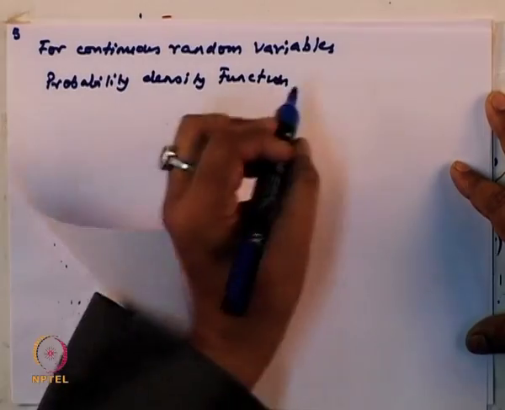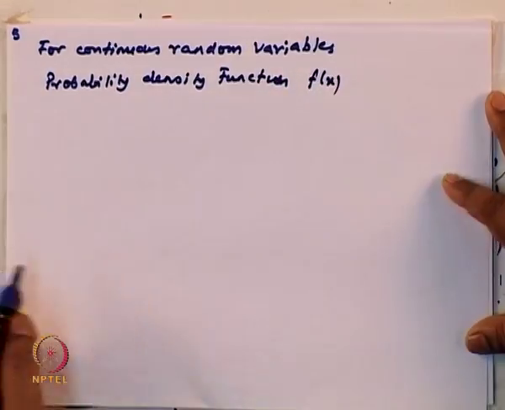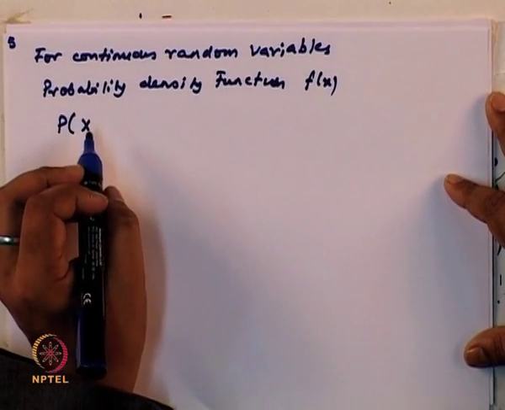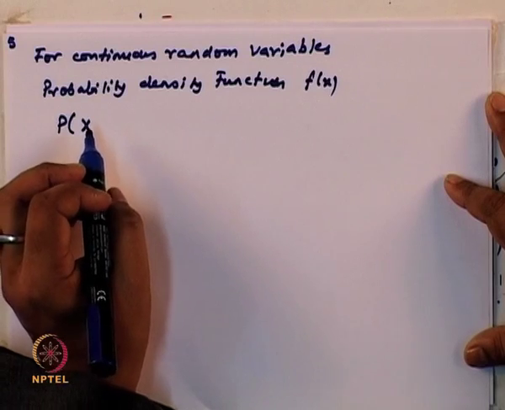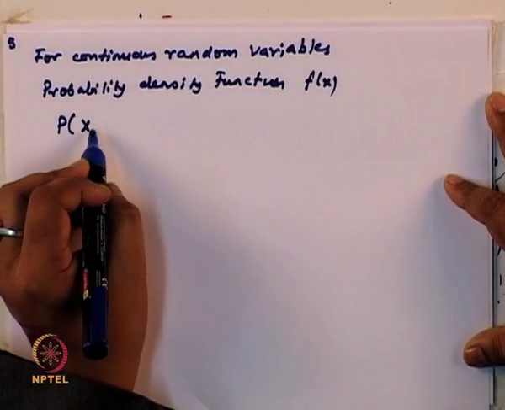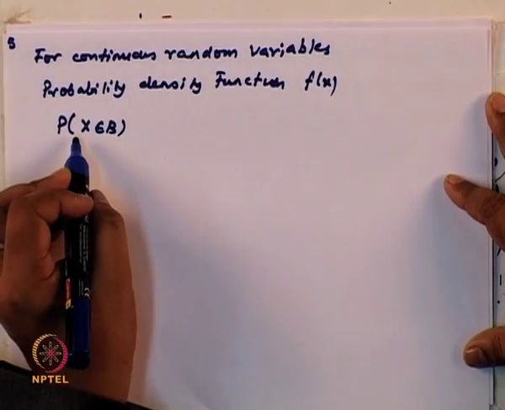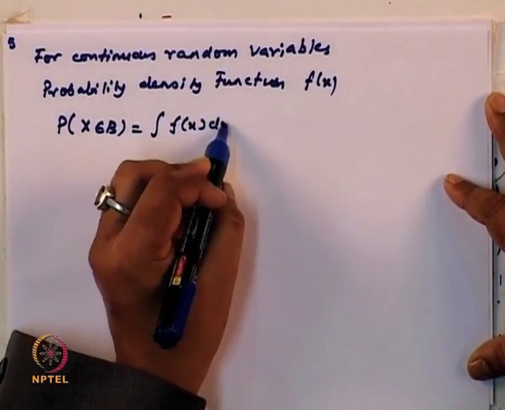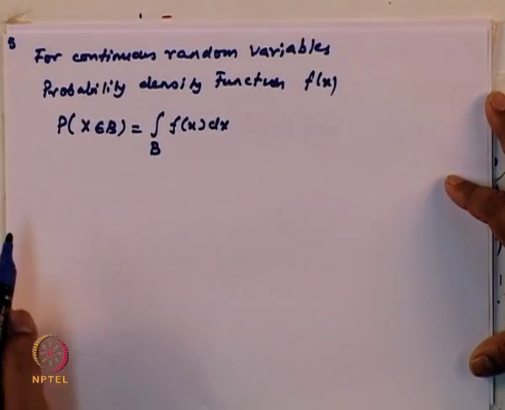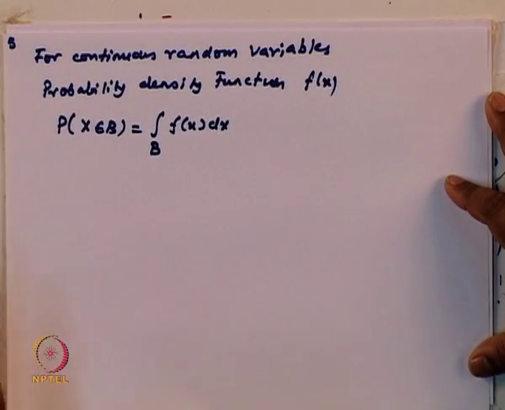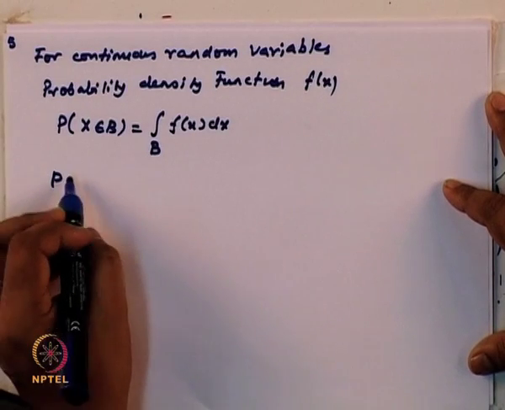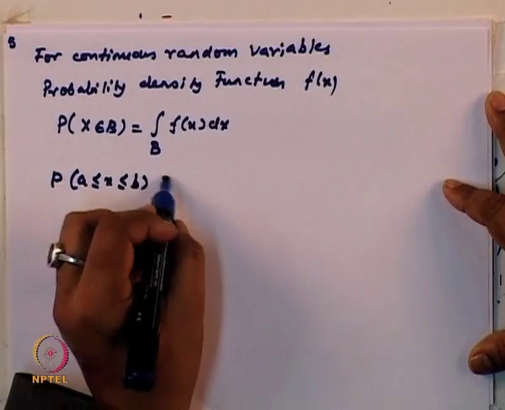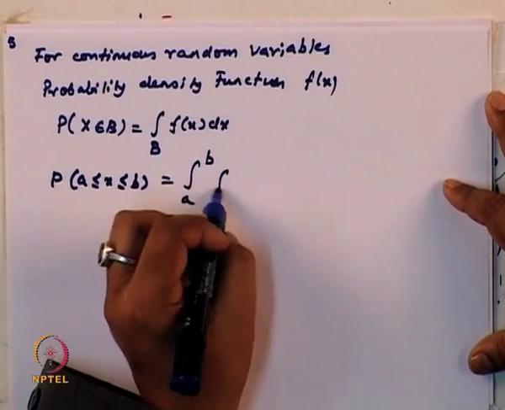Let us say it is indicated by f of x, and I define the probability of x belonging to some region B as simply the integral of f x dx over this interval B. So, if you have probability of a less than or equal to x less than or equal to b, I will simply integrate from a to b f x dx.